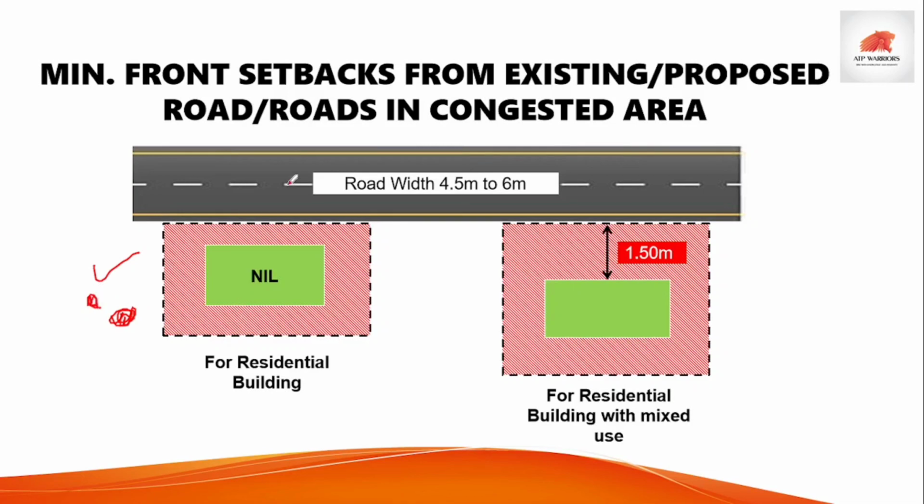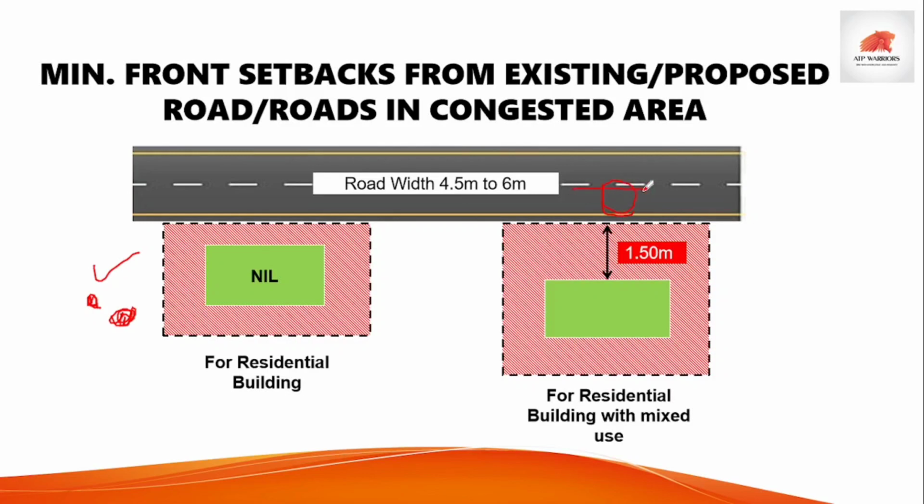So for road width between 4.5 meter to 6 meter for a residential building, there is no requirement of front marginal distance. And for the residential building with mixed use you can keep 1.5 meter front marginal distance, but here they have not mentioned from the center of the road.